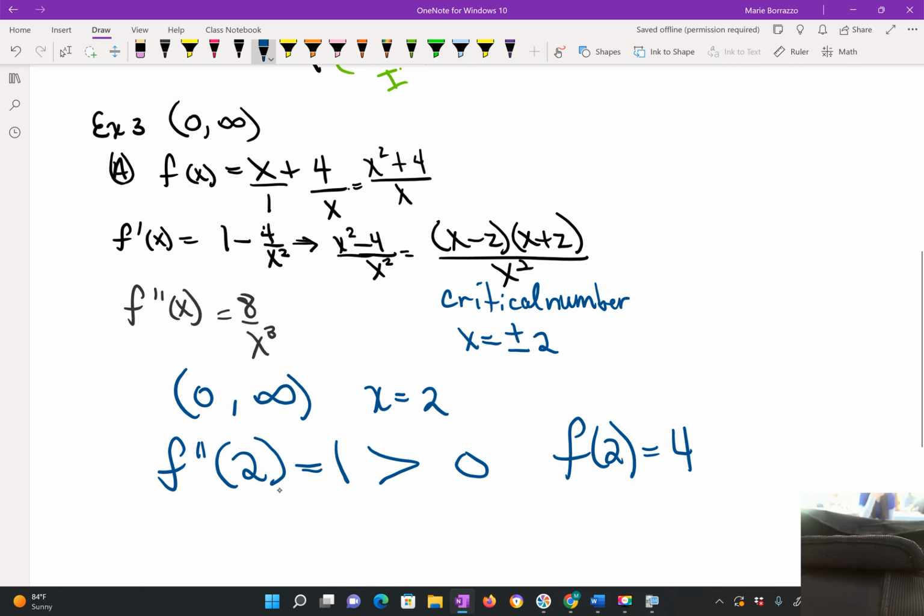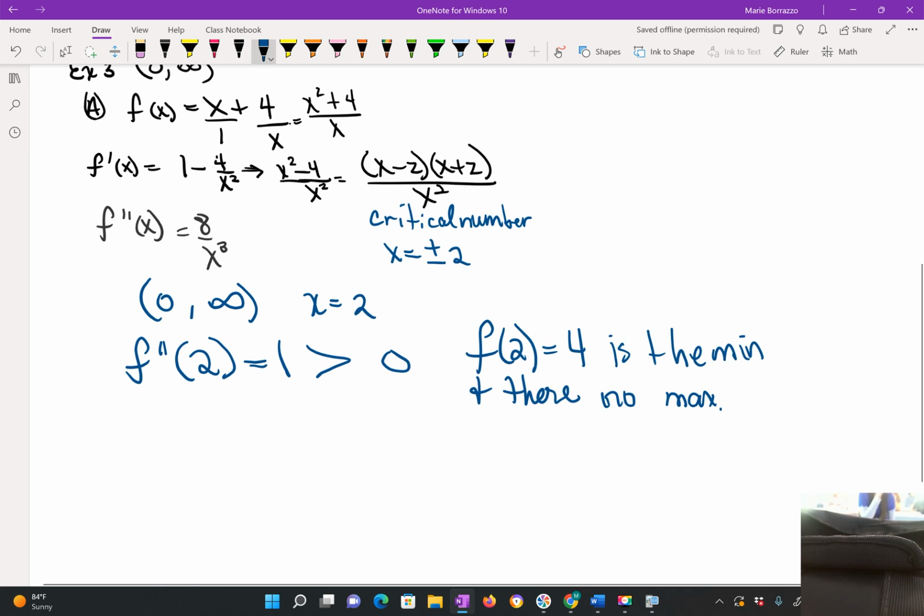And so the absolute minimum of f on that interval, there is no maximum. 4 is the minimum, and based on the theorem I just described, there is no max. And that's just looking from 0 to positive infinity.